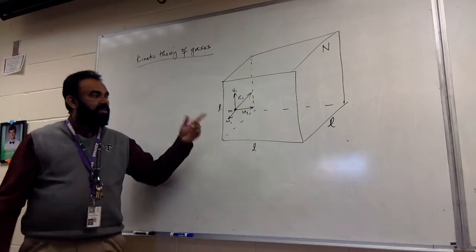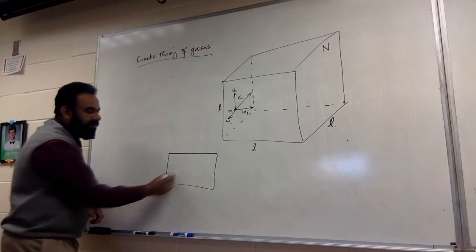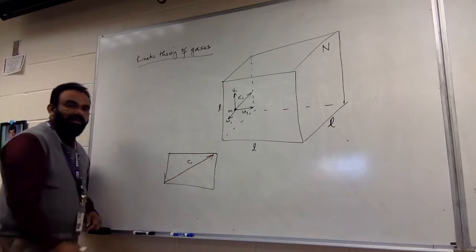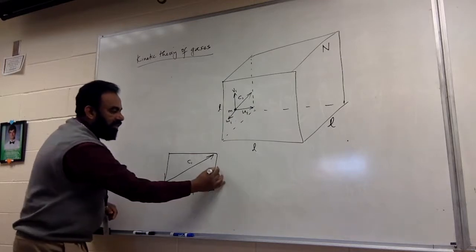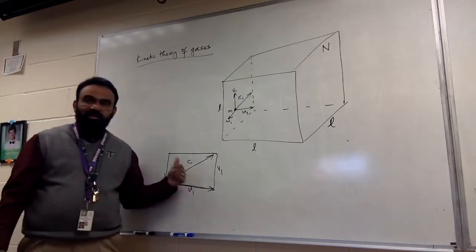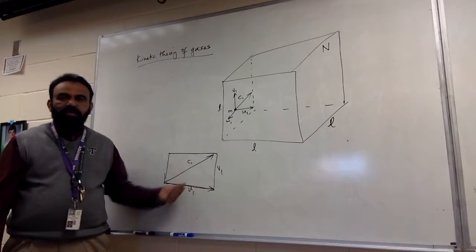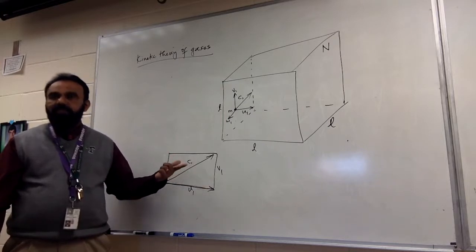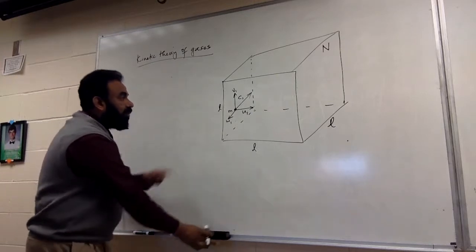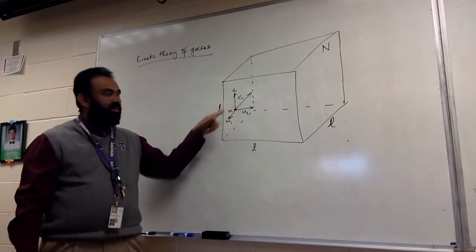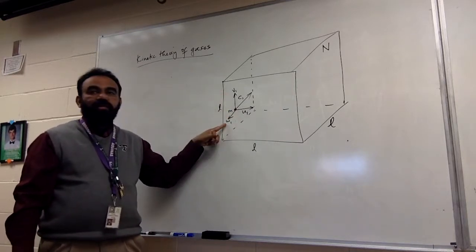On a two-dimensional plane, if something is moving with the velocity c1, it has two components, u1 and v1. The relationship is u1 square plus v1 square is equal to c1 square. Now apply that for three dimensions as well: u1 square plus v1 square plus w1 square is equal to c1 square.